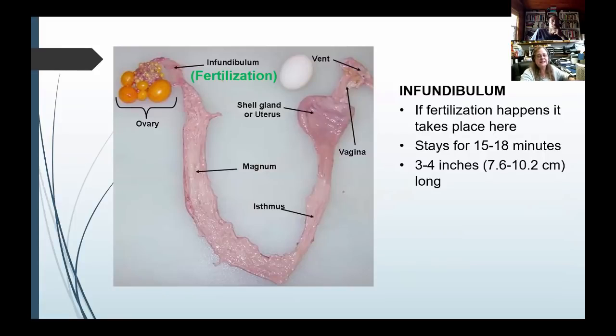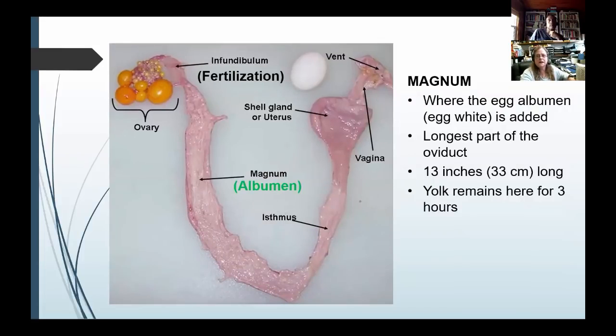It only stays here for 15 to 18 minutes, so it has a short window in which to get fertilized. It then goes on to the magnum, where the albumin or egg white is added. It's the longest part of the reproductive tract. It stays here for about 3 hours.